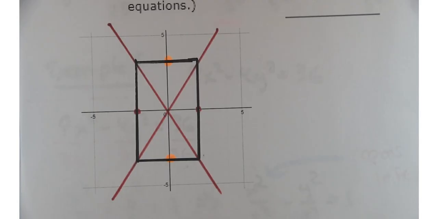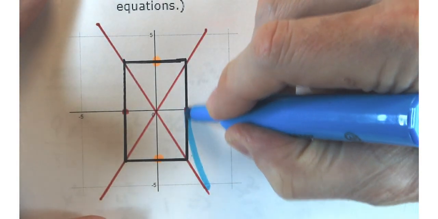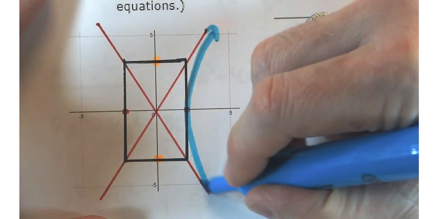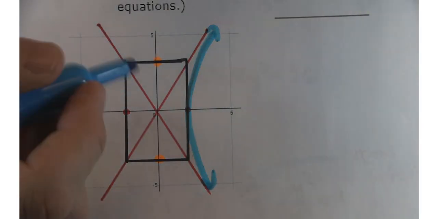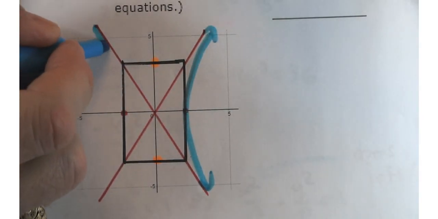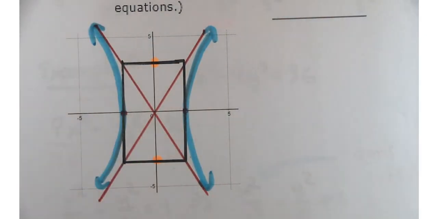Well done. So let's draw on this graph. And one over here. Again, it just touches there. It gets close to, but doesn't quite touch, the asymptotes.